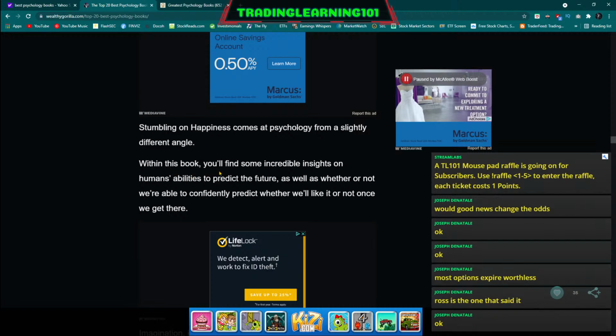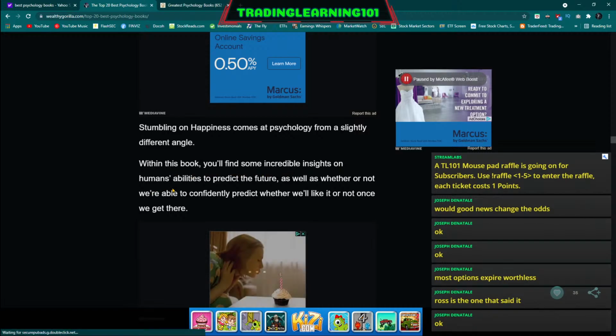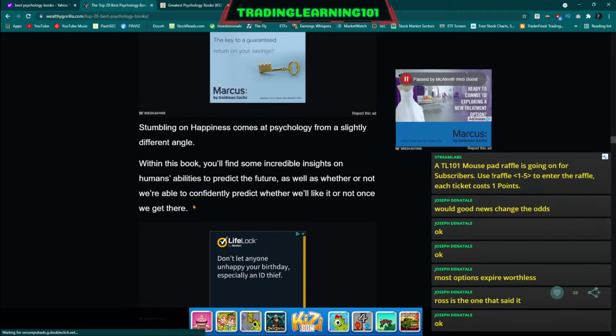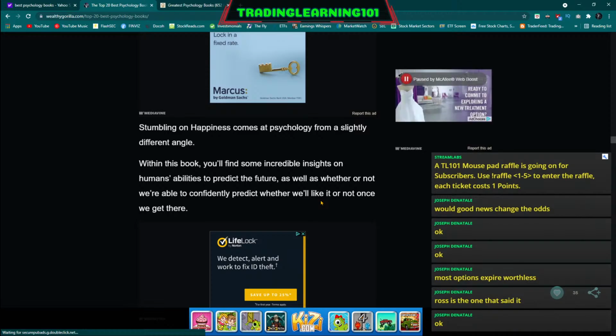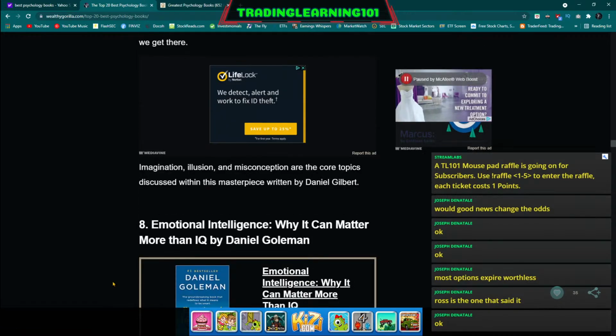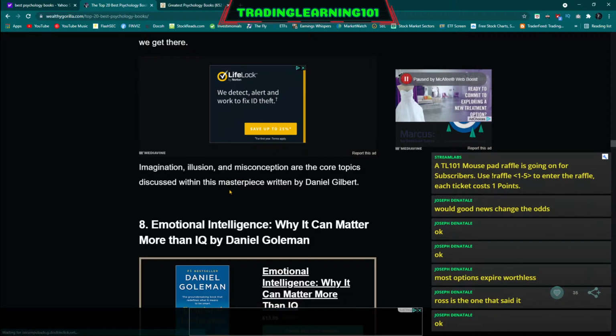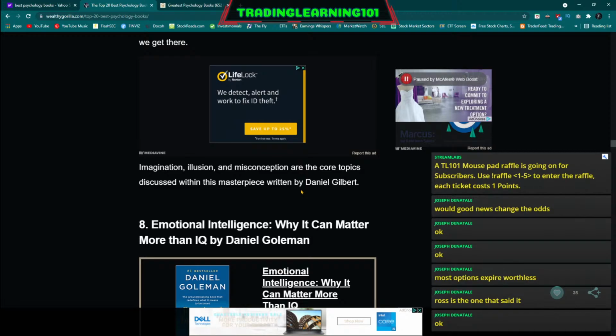Within this book, you'll find some incredible insights on humans' abilities to predict the future, as well as whether or not we're able to confidently predict whether we'll like it or not once we get there. Imagination, illusion, and misconception are the core topics discussed within this masterpiece written by Daniel Gilbert.